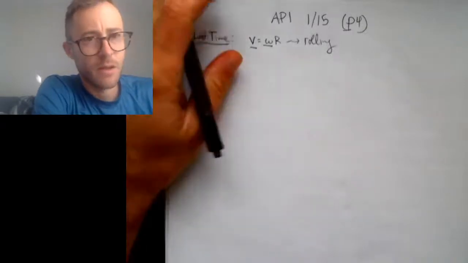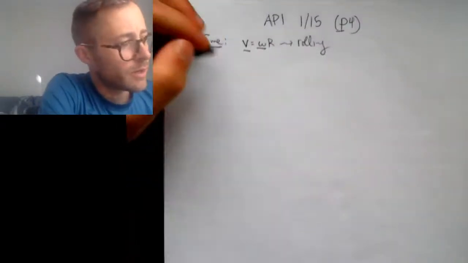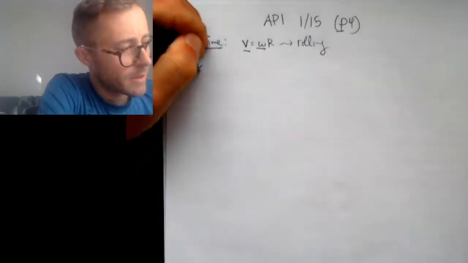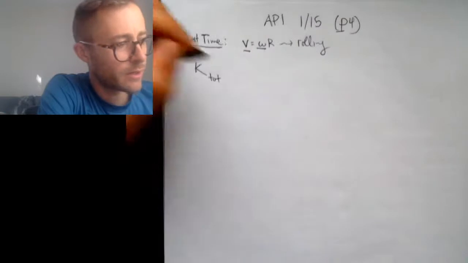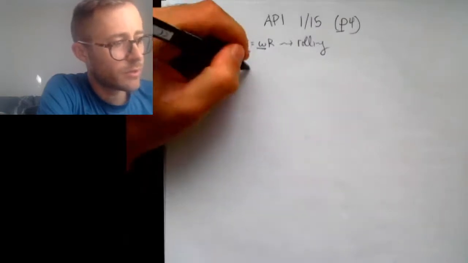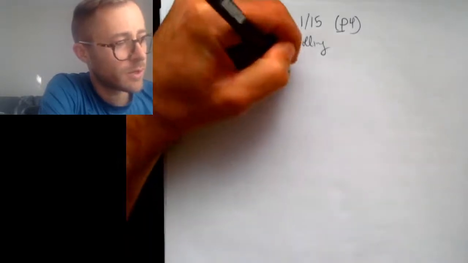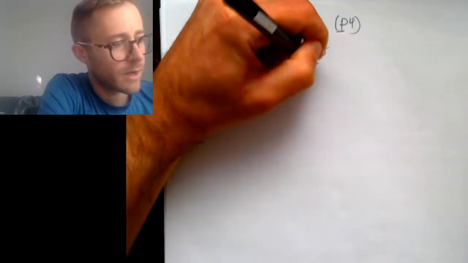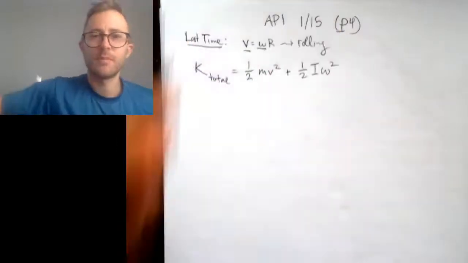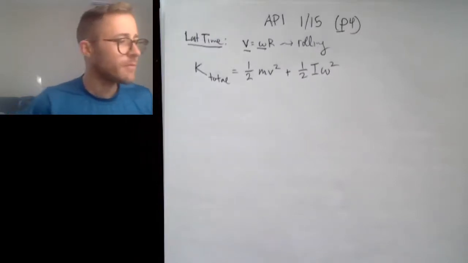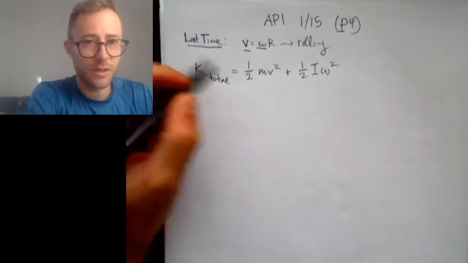We talked about rotational kinetic energy. And so we found that the total kinetic energy is equal to 1/2 mv squared plus 1/2 I omega squared. So we have a rotational kinetic energy, and we have a translational kinetic energy.